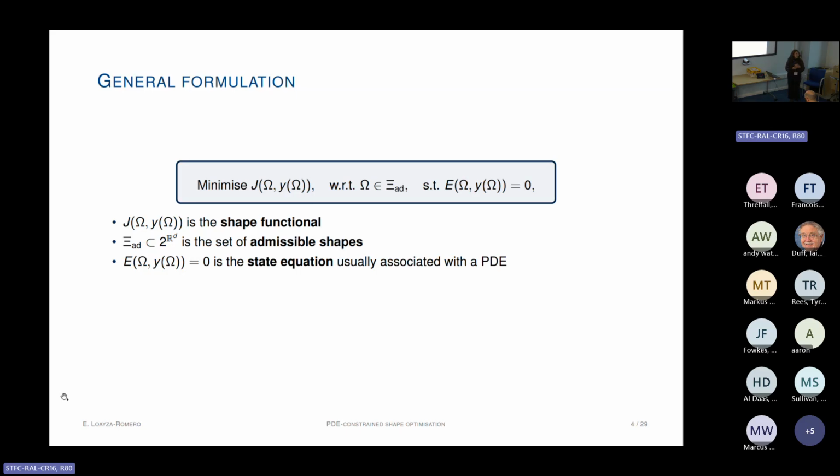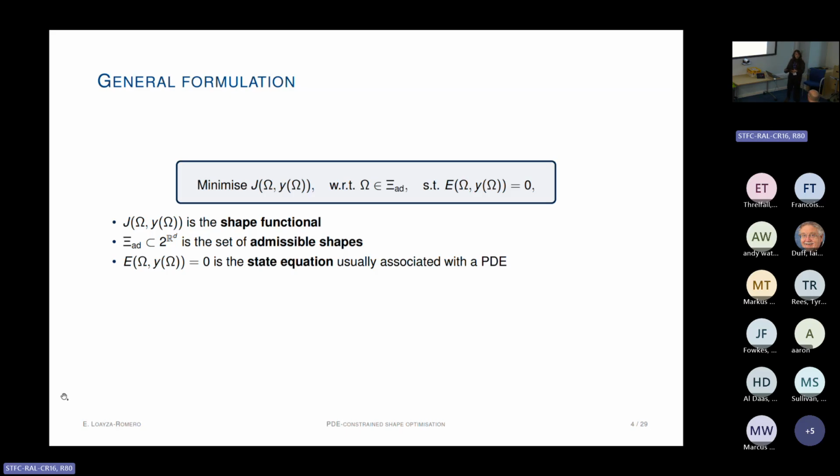And finally, of course, because we're talking about PDE-constrained optimization, we have a PDE, this state equation, which basically represents the dynamics that depend on the phenomena you're using. The important thing here is that our unknown is really the domain, and it's the domain where this state equation is posed.